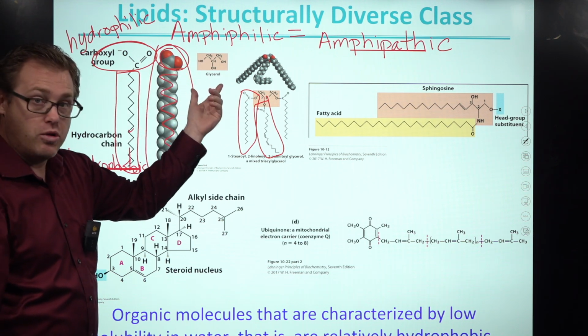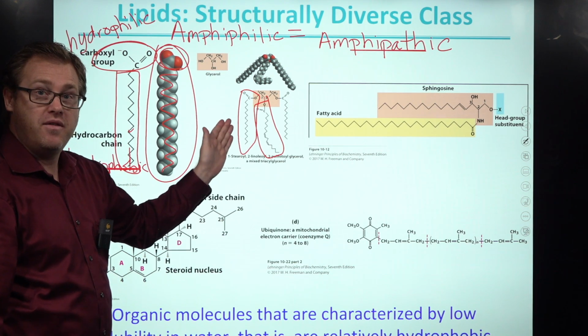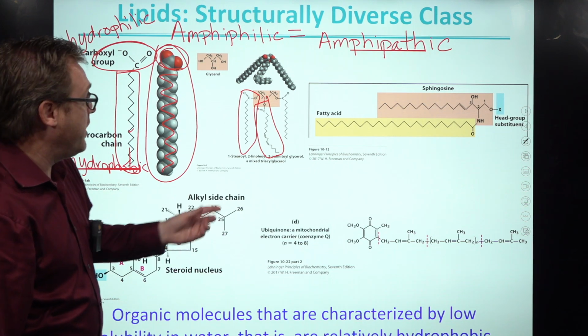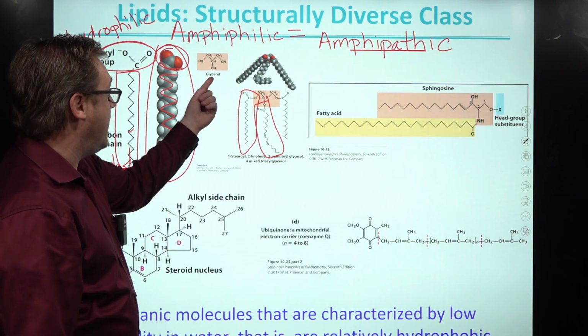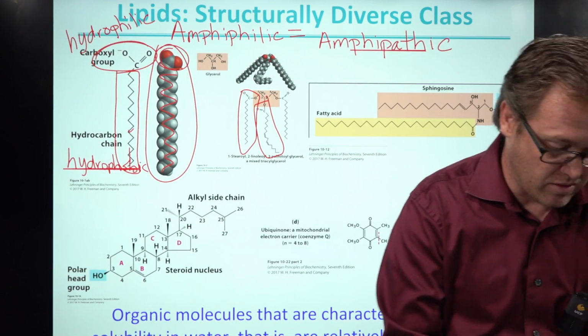To this glycerol molecule, you can attach all the same fatty acids or different fatty acids. And when you attach fatty acids to a glycerol molecule, we get something called a triacylglycerol.